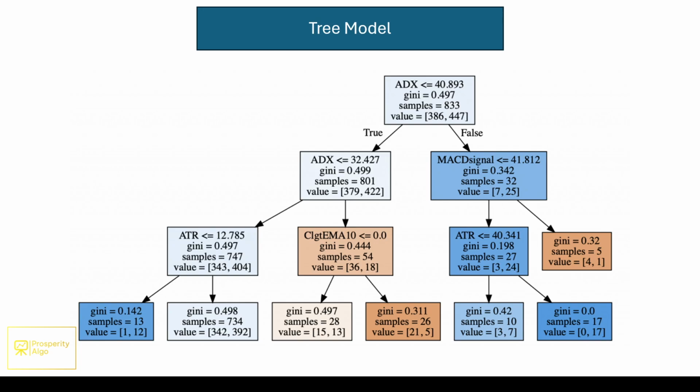So you would give it a bunch of data points, and then it will try and find its own confluences, solving for maximizing the split between buckets. To give you an example, the values of 1 and 12 would be a count of the two different classes, up or down, based on the series of conditions.